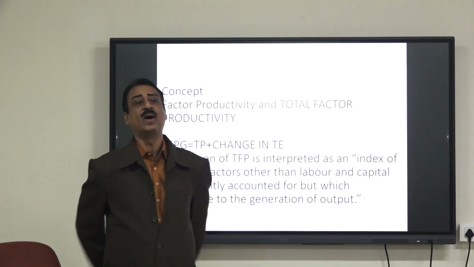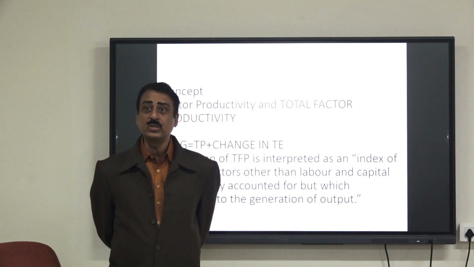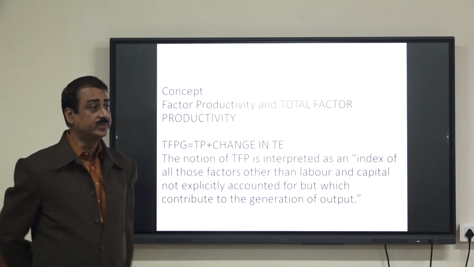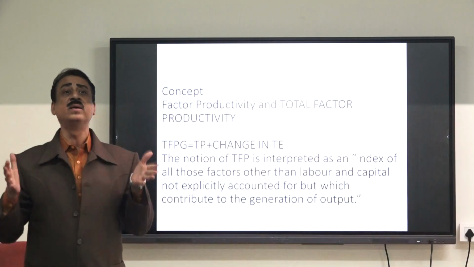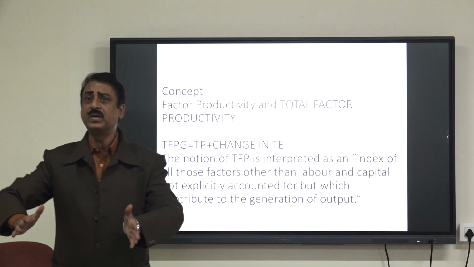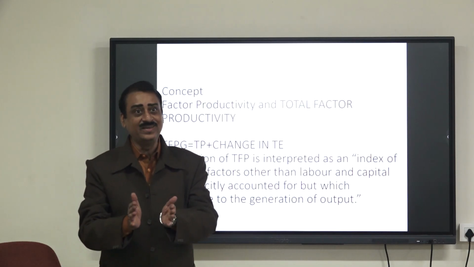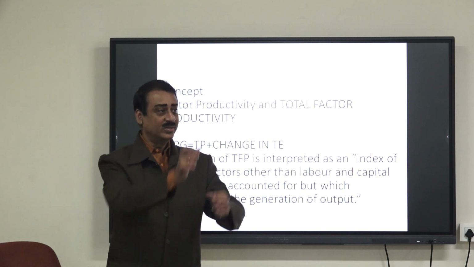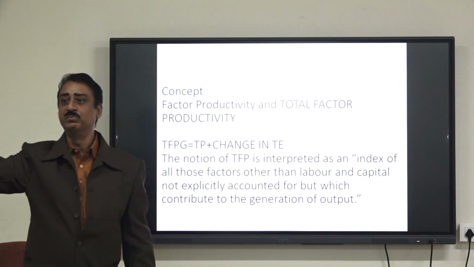That is the reason why we are interested to measure total factor productivity. So total factor productivity would try to net out the entire expenditure that you are incurring: the expenditure on capital, the expenditure on labor, material, energy, etc. And then to see what is the gain. So on the one hand you have the output series, on the other hand you have the input series.